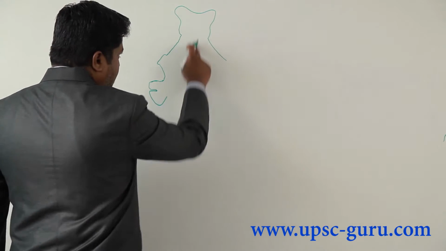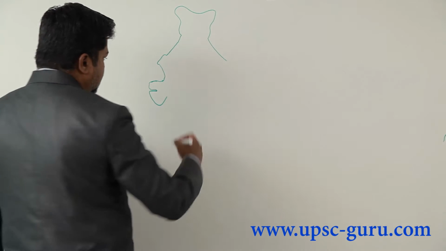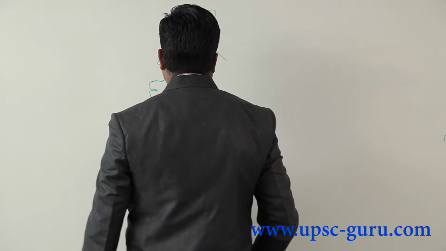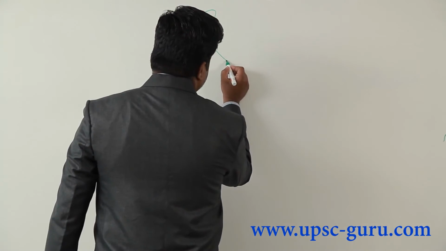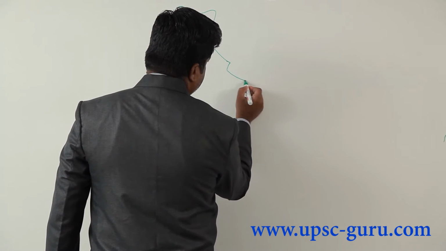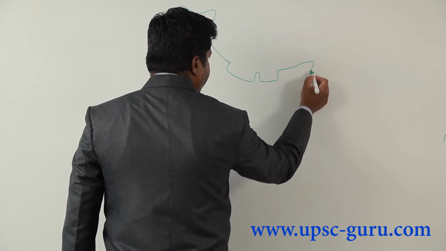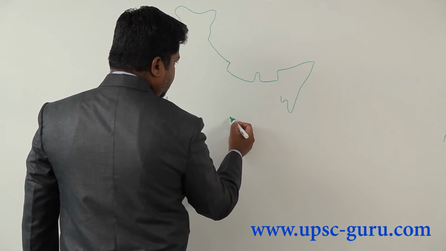Now make a straight line here, and fix the Kanyakumari point. Here you can fix Nepal, the Sikkim part, Bhutan, and now I have to join this portion.